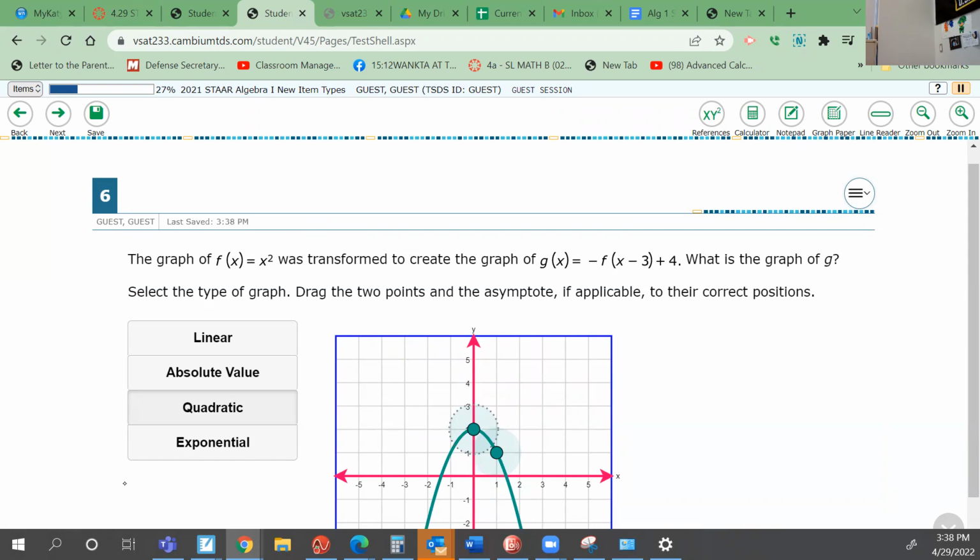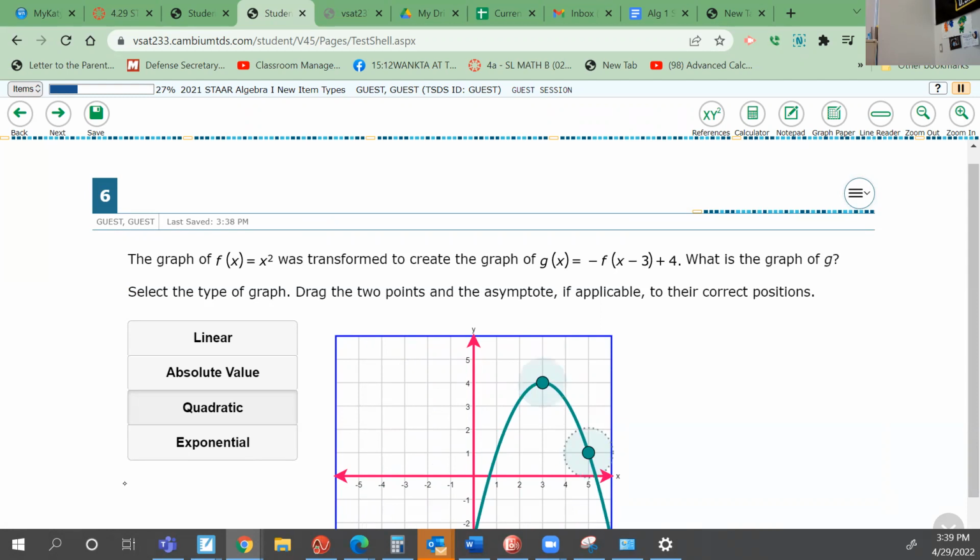So now I'm moving 3 units to the right. The plus 4 tells me that the graph went up 4 units on the y-axis. That is 4 units right there.